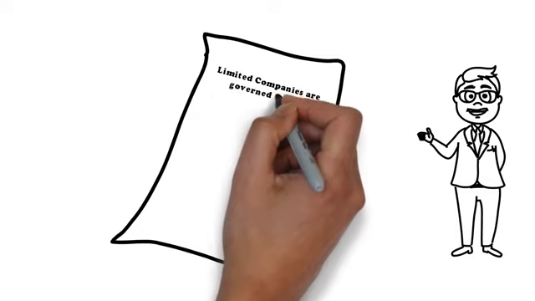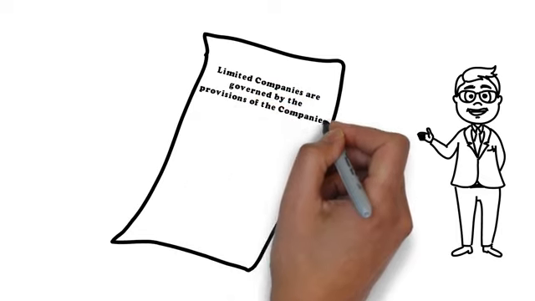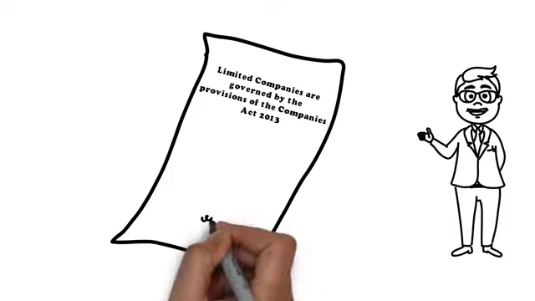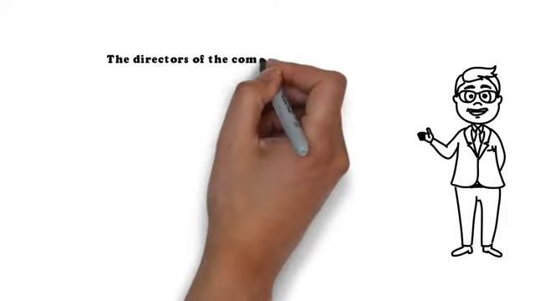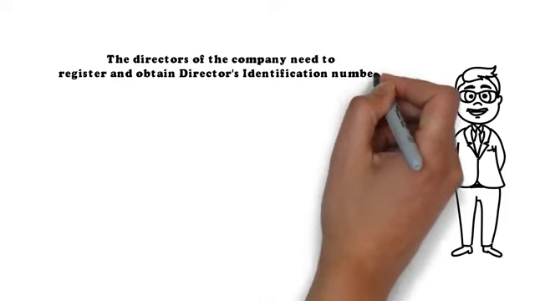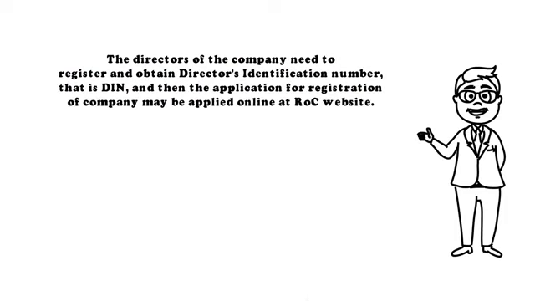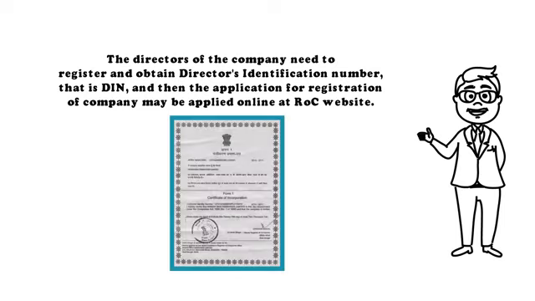Limited companies are governed by the provisions of the Companies Act 2013. The directors of the company need to register and obtain a Directors Identification Number, that is DIN, and then the application for registration of the company may be applied online at the ROC website.